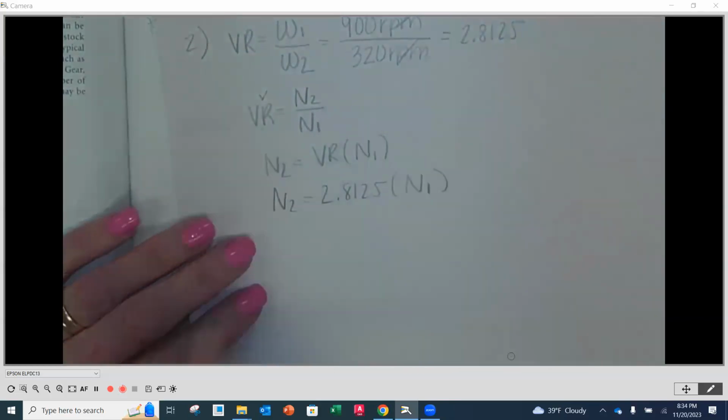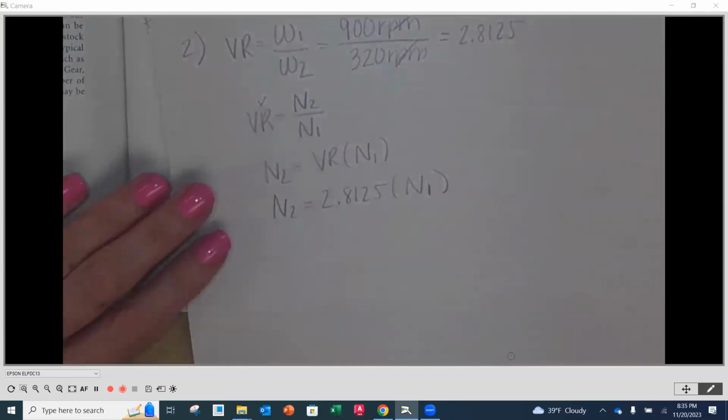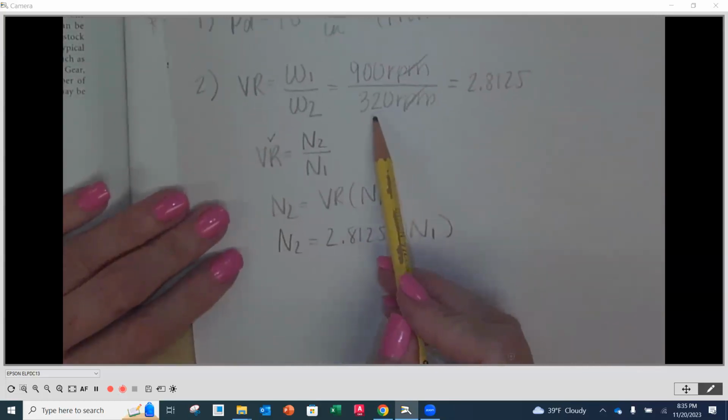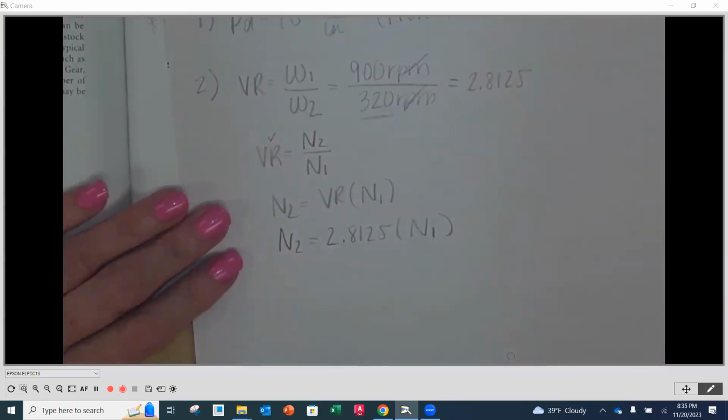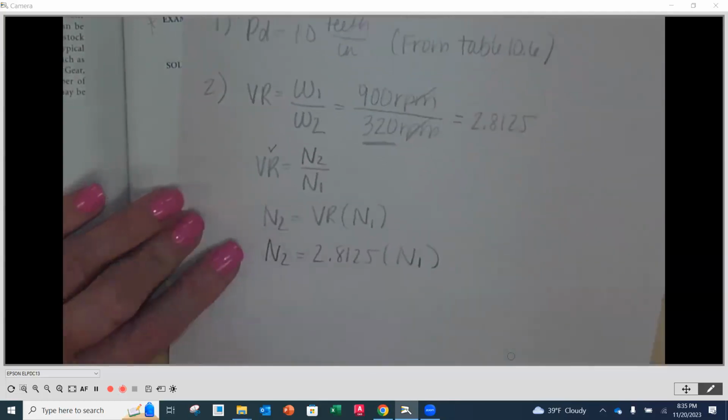All right. So we still have two unknowns, but our pinion is the smaller of the two. So what we want to do is just try some things here. It said that we had to accomplish 320. So if our engine is running at 900, we have to get that trolling motor down to 320, or the blades.